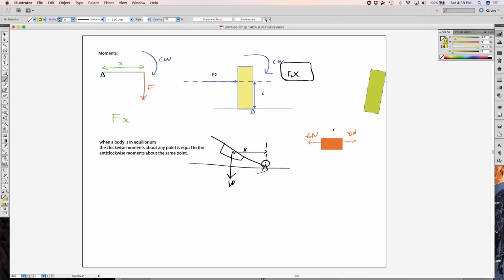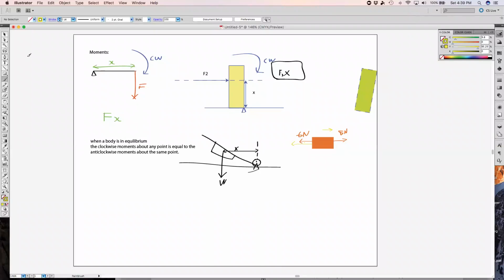The book is going to move in the direction of the larger force. In order for this book to remain at rest, what we need, obviously, is for Alicia to exert a force that is equal to Kevin. And therefore, these two forces will cancel, and the book will remain at rest. In the same way, if we want something to remain balanced, the clockwise moments must be equal to the anti-clockwise moments.